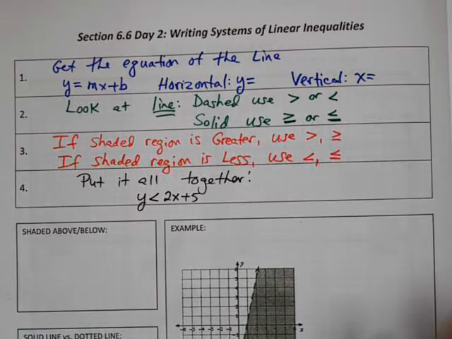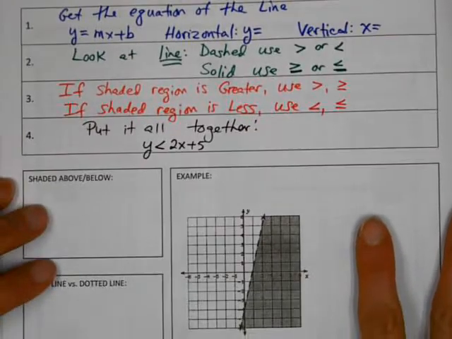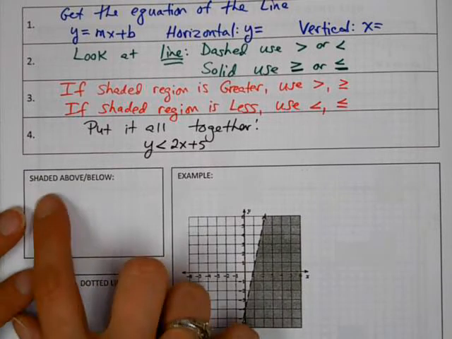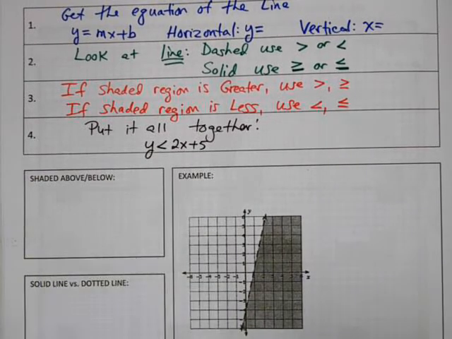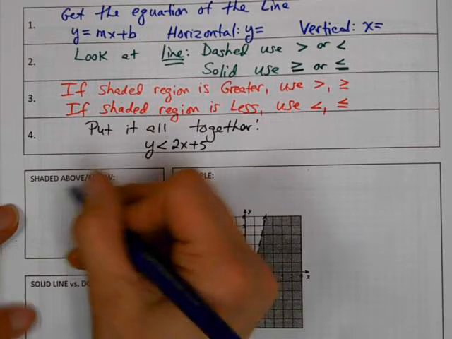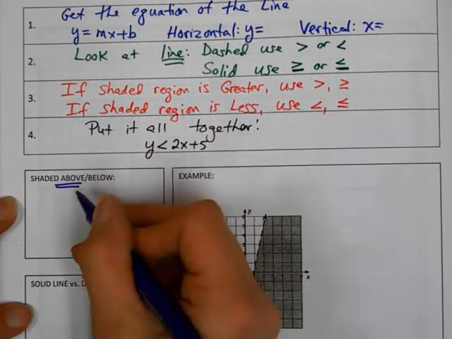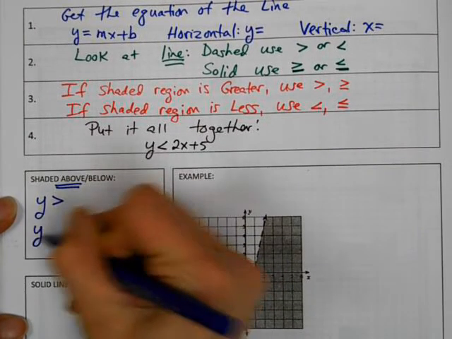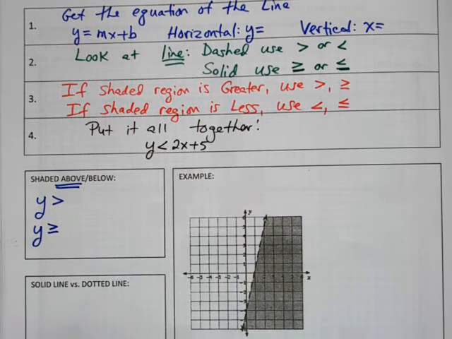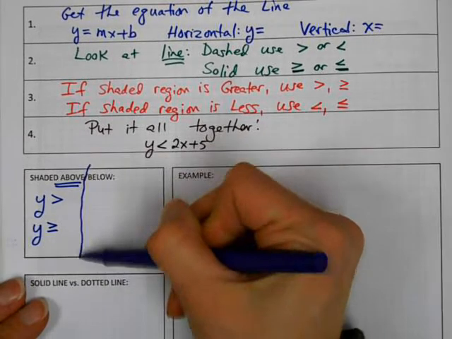Okay, let's take a look at this one right here. If you're shaded above and below, that would mean if you are above, it's going to say y is greater than, or y is greater than or equal to. That's how it gets shaded above. Now, what if it's shaded below?